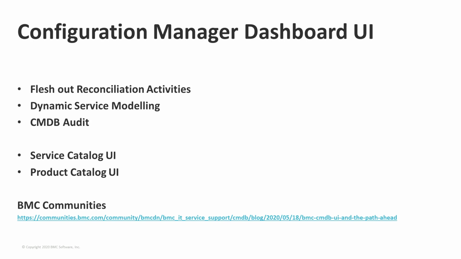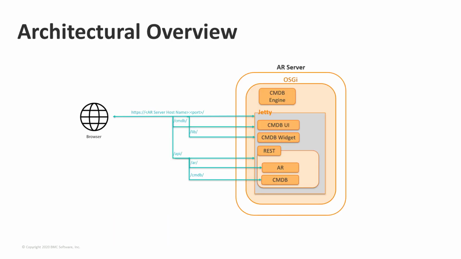So now let's deep dive into how the UI communicates with the backend. In this architecture overview slide, let's look at the AR server section first, and then we'll look at how the communication flows. As you may know, AR server from 9.0 is OSGI container based.